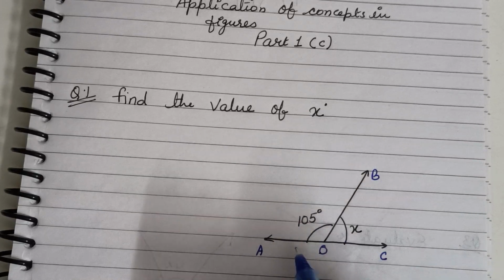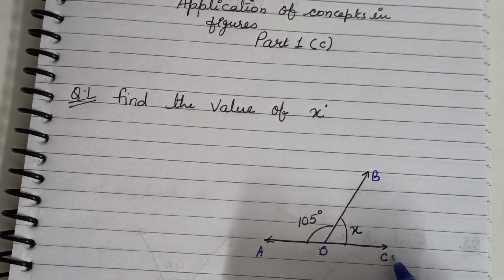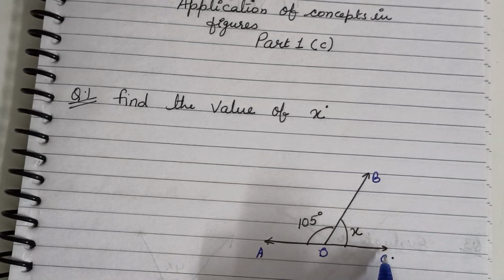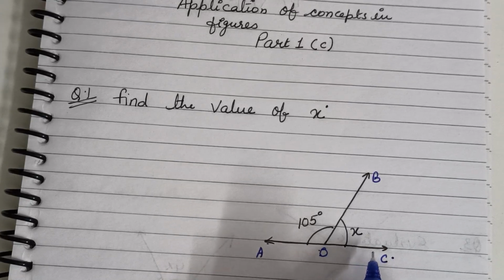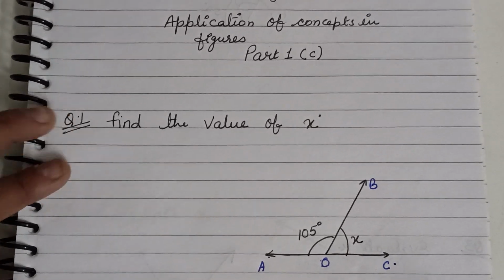That means angle AOB and angle BOC are adjacent, as well as they are forming the straight line. AOC is forming the straight line. So they are a linear pair. So this basic concept we are going to apply here.